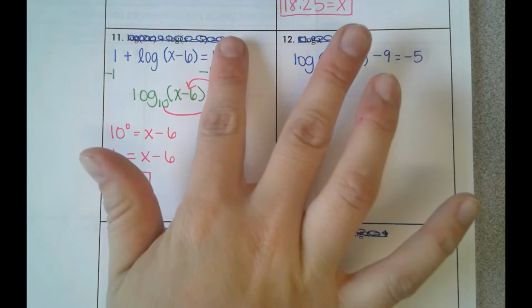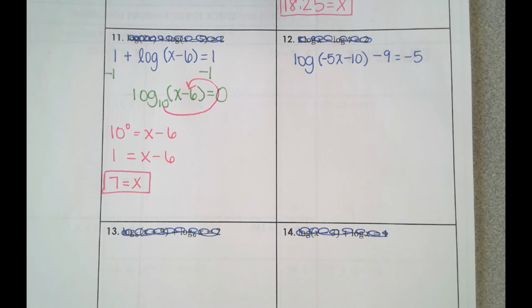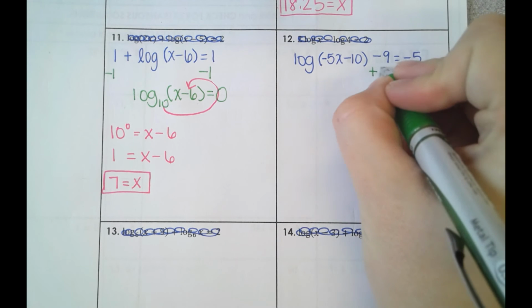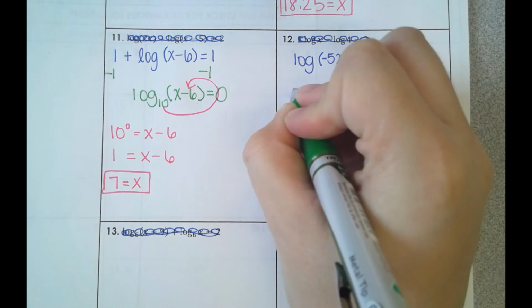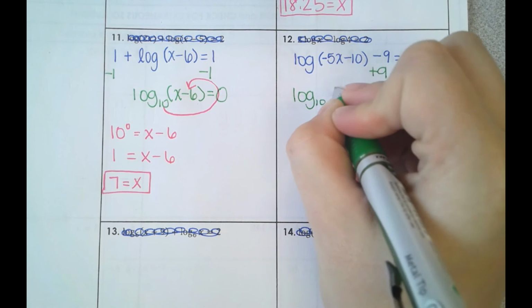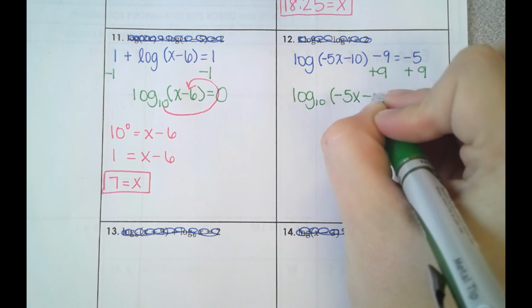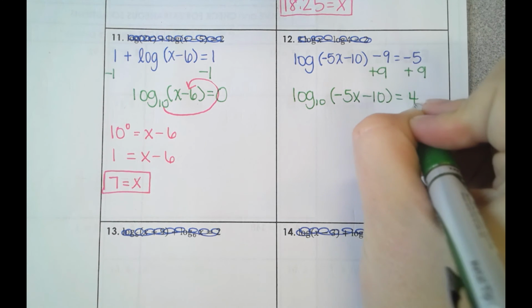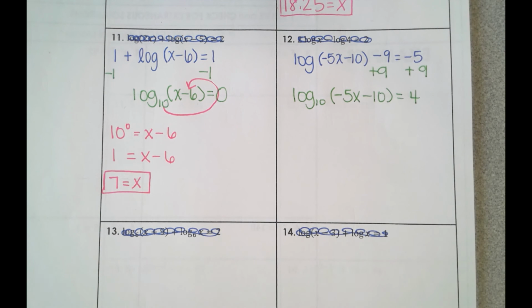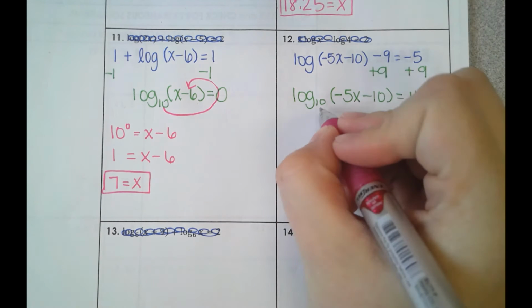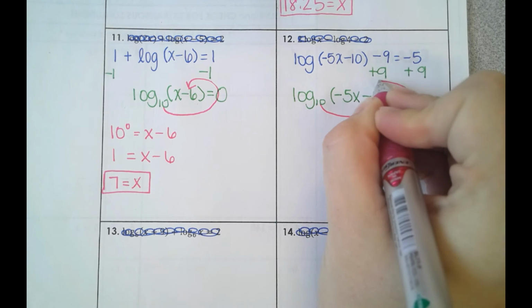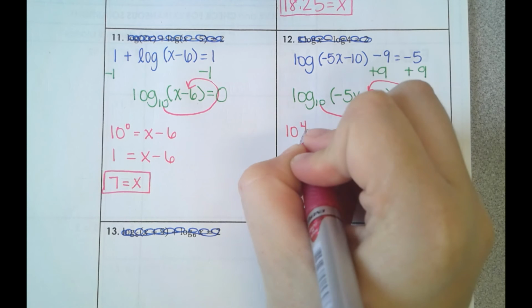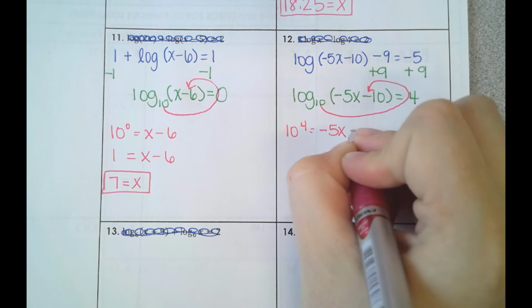A lot of times that you do quadratics, you will have extraneous solutions. You'll have ones that give you negatives that don't work. Number 12, we need to add 9 to both sides. So this would be 10 to the 4th power equals negative 5x minus 10.